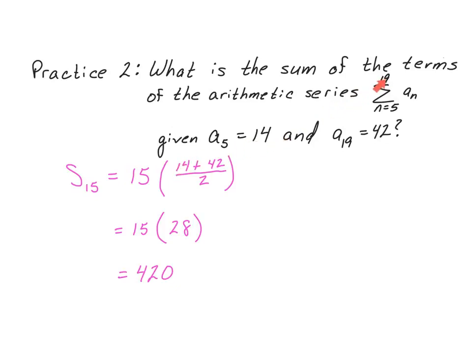This is the last number you plug in for n, which means a sub 19 is the last term in this series. And if you take 19 minus 5, that's 14, add 1 to that, that's 15, which is the number of terms in this series. So using our formula, n times a sub 1 plus a sub n divided by 2, we end up with 420 as our sum.